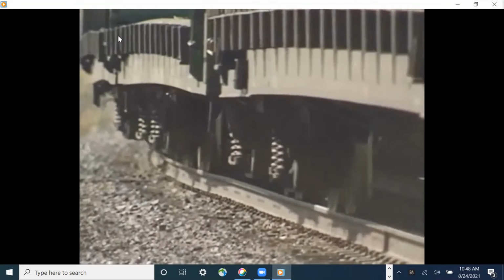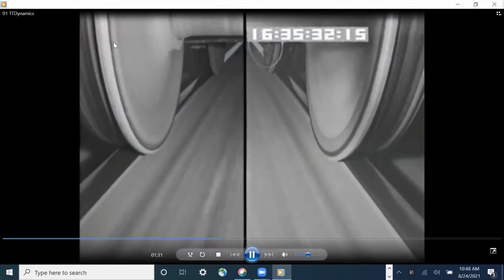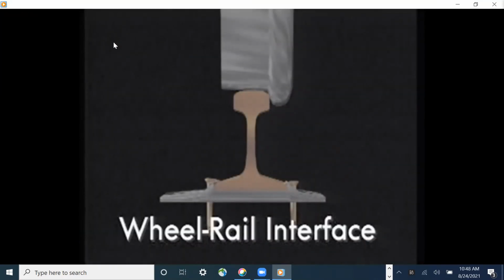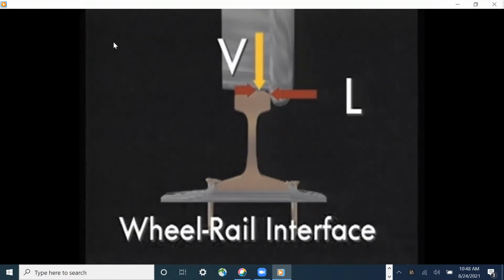How these forces distort track geometry, or even derail a train, is best understood at the wheel-rail interface. The wheel-rail interface sees a combination of lateral or sideward forces and vertical or downward forces. The proportion of lateral to vertical force determines the angle at which the resultant force will act and is called the L over V ratio.